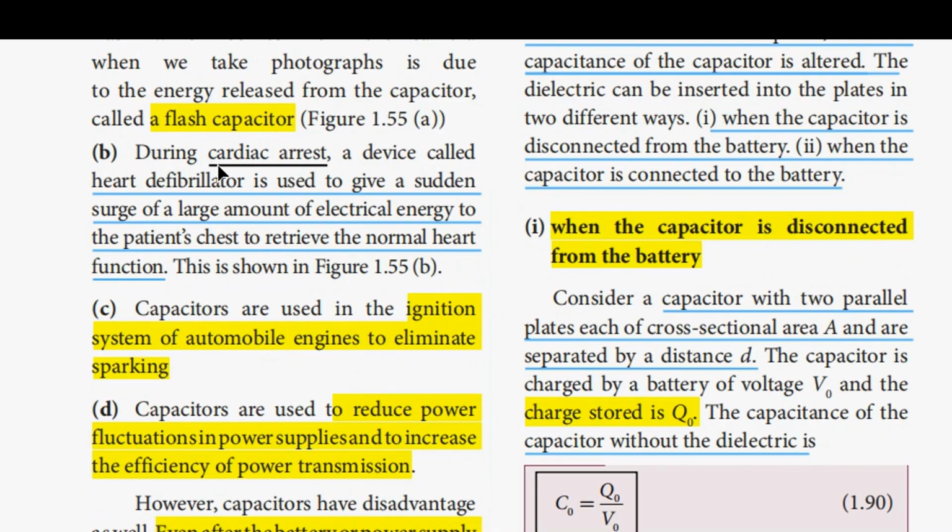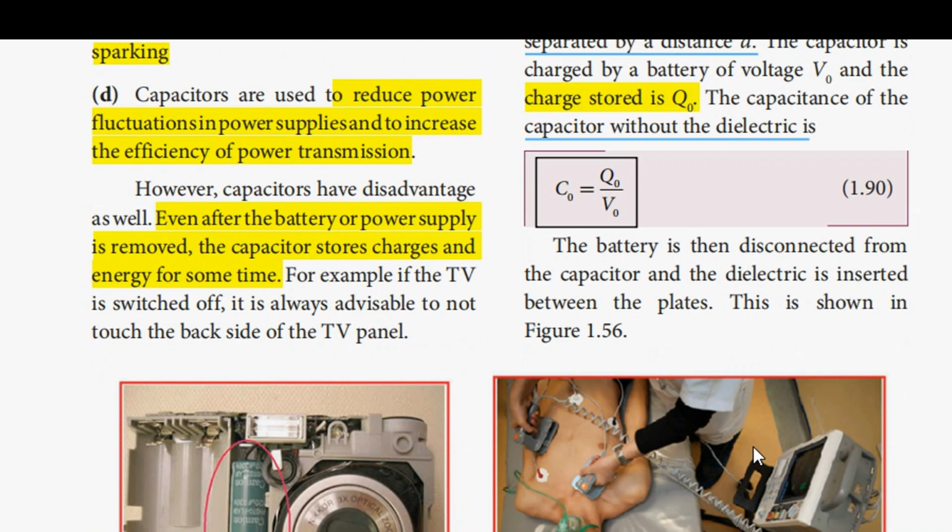Next, during cardiac arrest, a device called heart defibrillator is used to give a sudden surge of large amount of electrical energy to a patient's chest to retrieve the normal heart function. So that's given here.